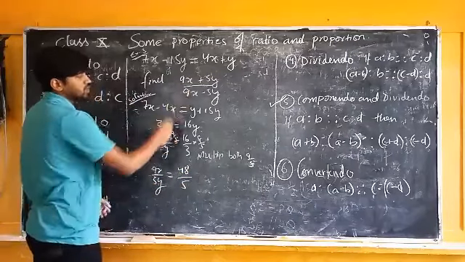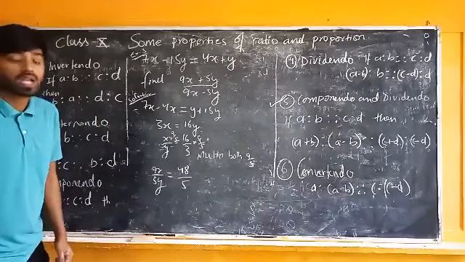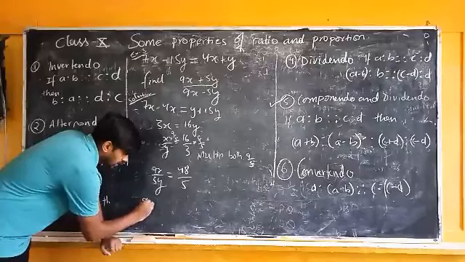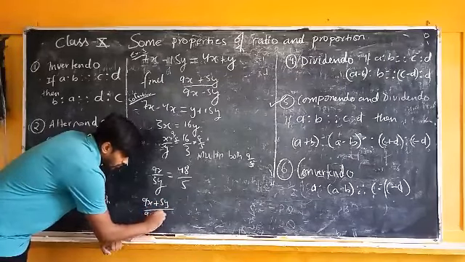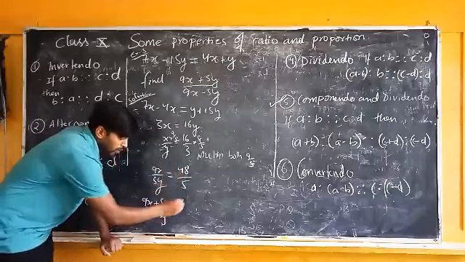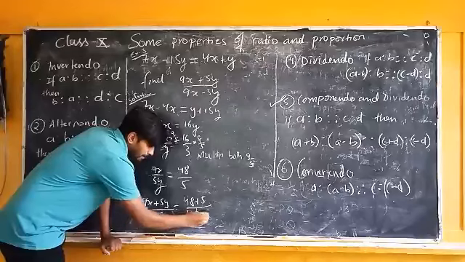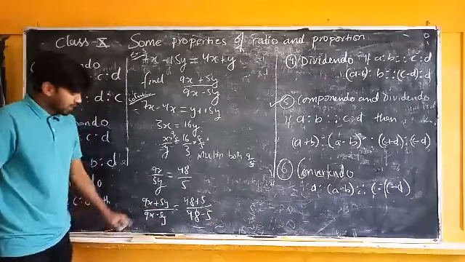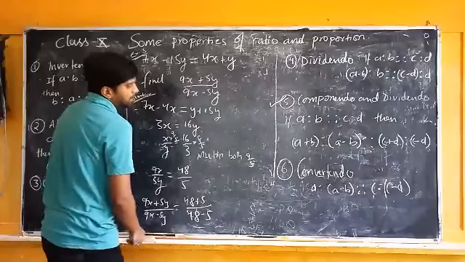Now अब मैं कौन सा फॉर्मूला लगा दूंगा इसमें? कंपोनेंट और डिविडेंडो। कंपोनेंट और डिविडेंडो क्या कहता है? a plus b, a minus b, but I have to use componendo and dividendo over here, a plus b and a minus b.